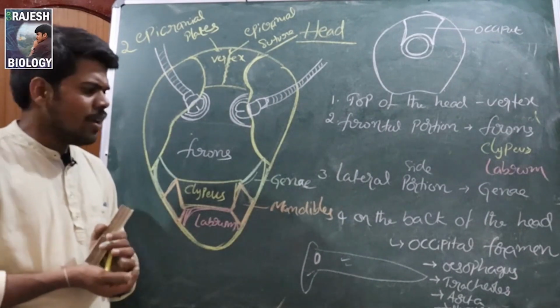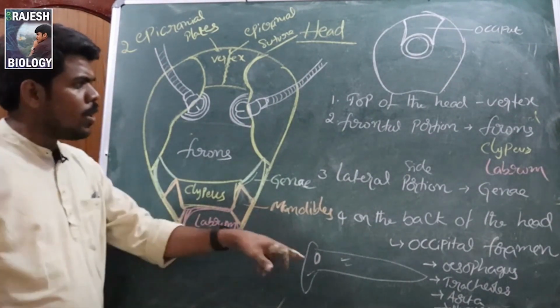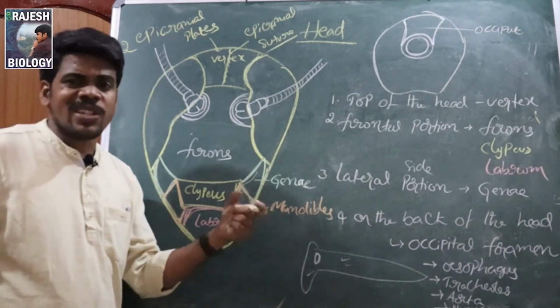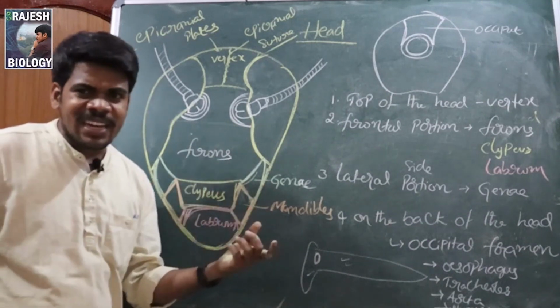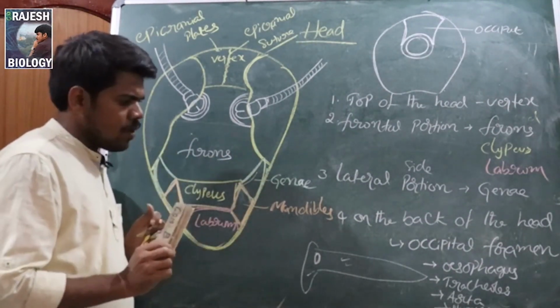Esophagus, trachea, aorta and nerves all enter into the head through this occipital foramen, and this occipital foramen is bordered by the one sclerite named occiput. Clear about this? Occiput.